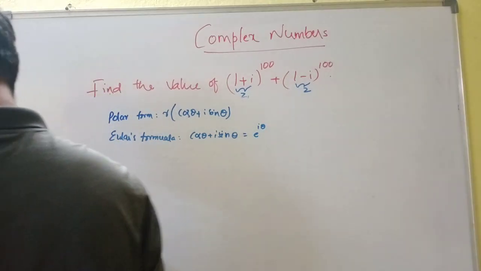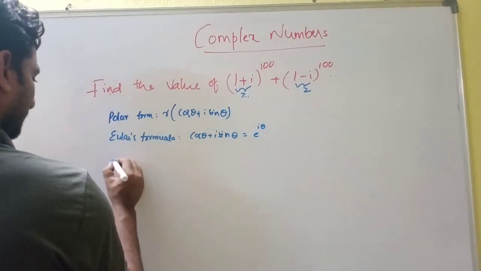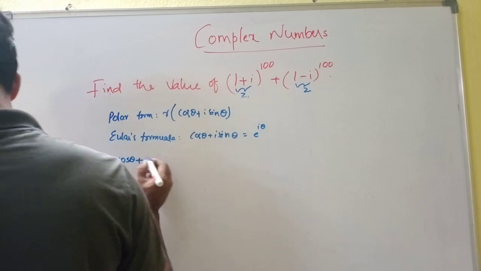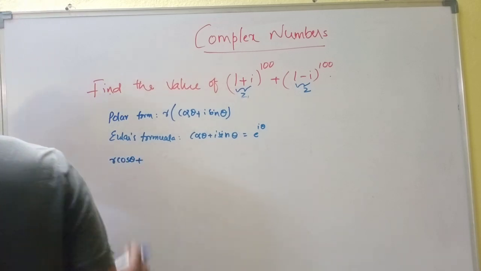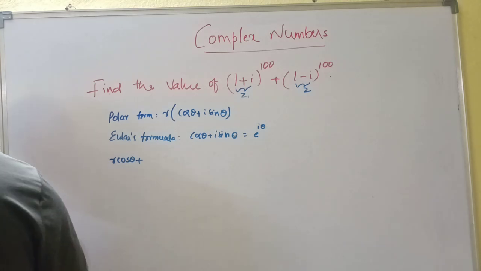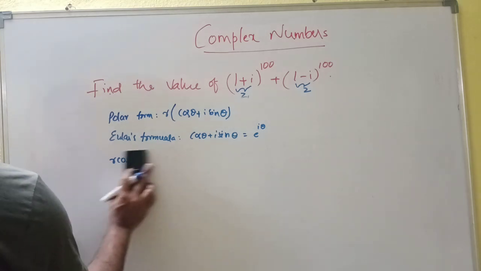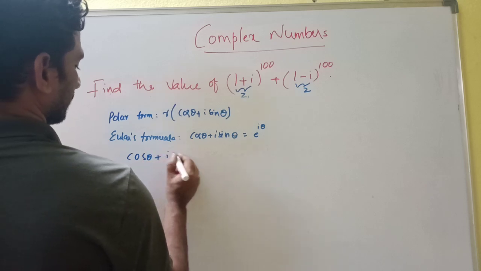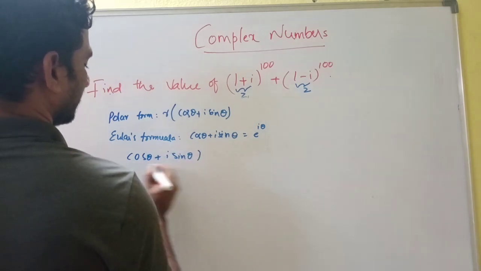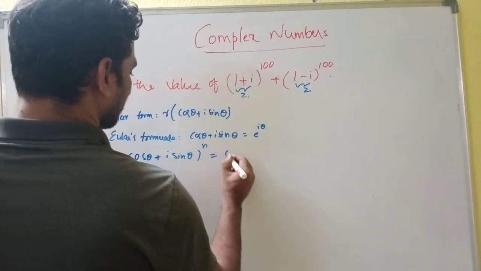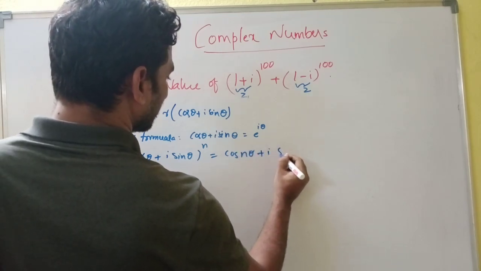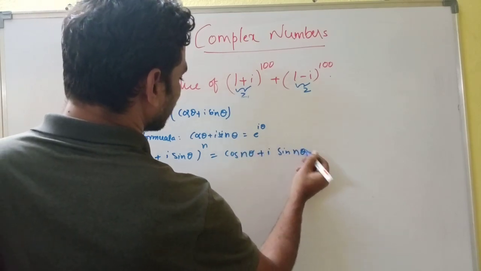And De Moivre's theorem: cos theta plus i sin theta, whole power n, equals cos n theta plus i sin n theta.